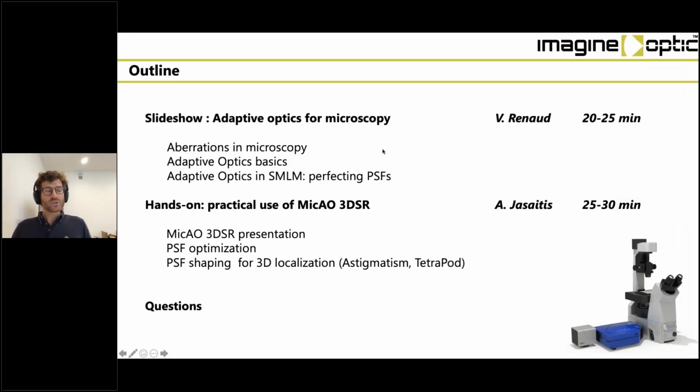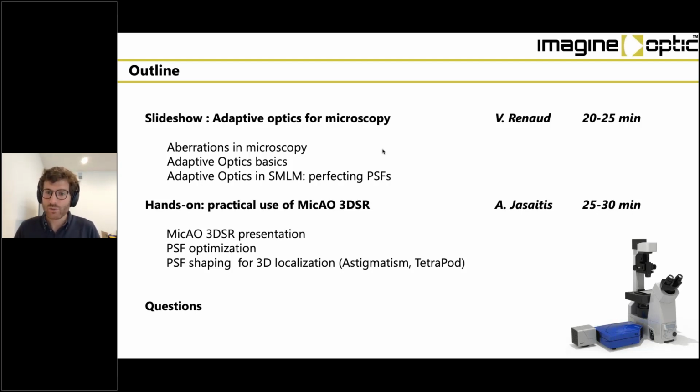So here is today's outline. I'll start with a brief presentation about adaptive optics for microscopies. First, we will discuss what optical aberrations are and how they appear in microscopy. Then we will review the fundamentals of adaptive optics, and then we will discuss how we can apply that for single molecule localization microscopy.